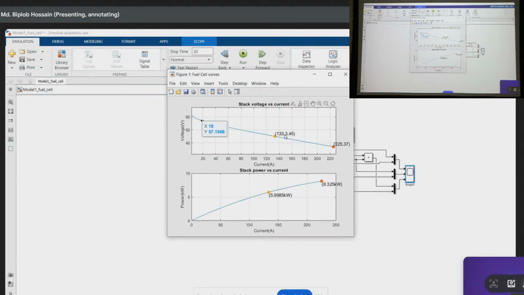not this point, because this is open loop. We are connecting the load across the fuel cell in an open loop manner. There is no closed loop control. That is why, at that point if you divide these two values, the resistance definitely is very low.